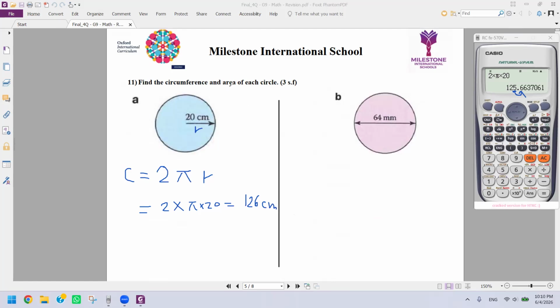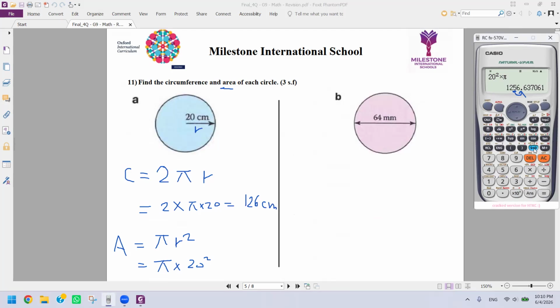Now it says find the circumference and then the area. Now I need to find the area of that circle. Area is equal to, what's the formula? Pi r squared. Which means pi times, what is r? 20 squared. On the calculator, 20 squared times pi.